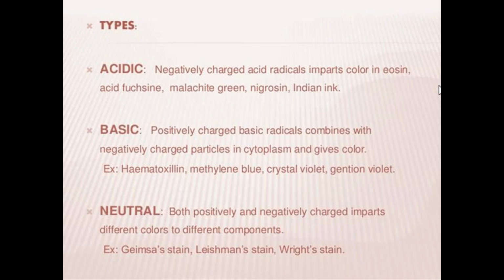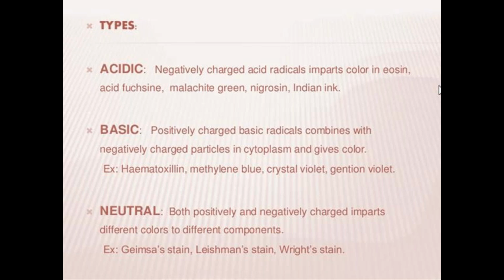The basic dyes are positively charged radicals that combine with the negatively charged particles in the cytoplasm and give color. The main basic dyes are hematoxylin, methylene blue, crystal violet, gentian violet, and safranin. These are some of the examples included in basic dyes.